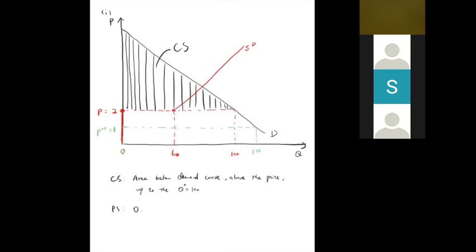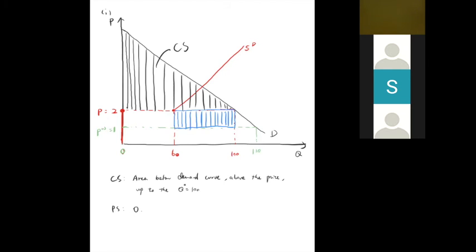And for government revenue, once the government imposed the tariff of $1, sorry, I'll use another color. I'll use blue color. Once they impose the tariff, the domestic suppliers are willing to supply, and they only need to import 40 units. So for each unit of import, they could gain $1 as a tariff.